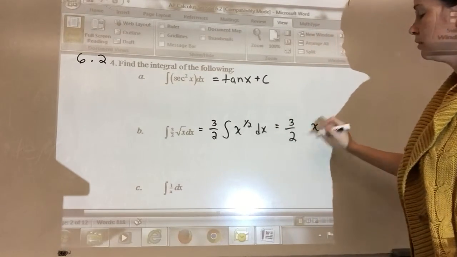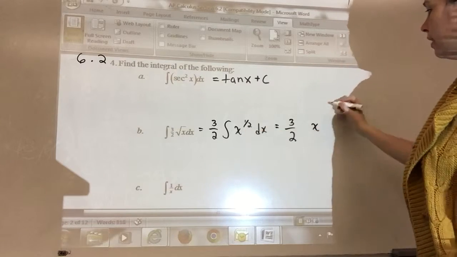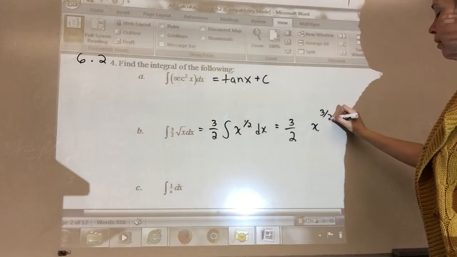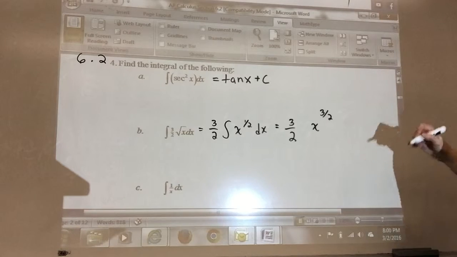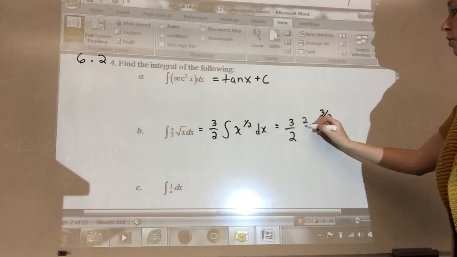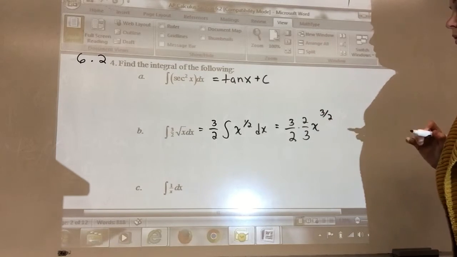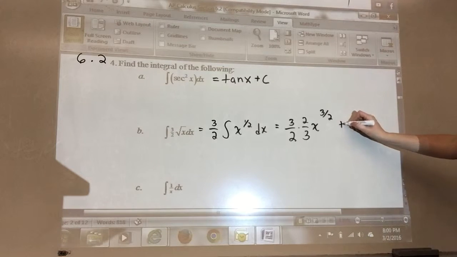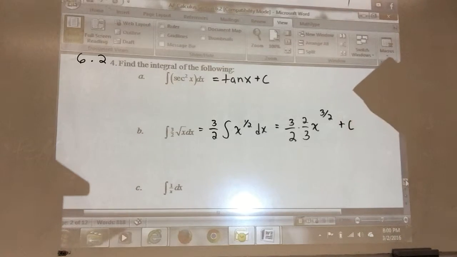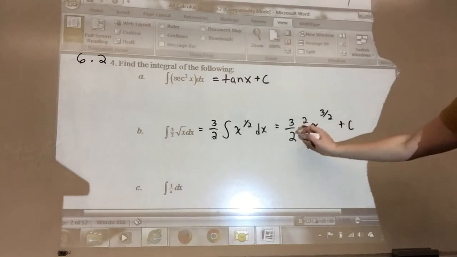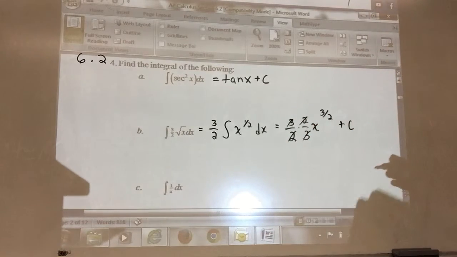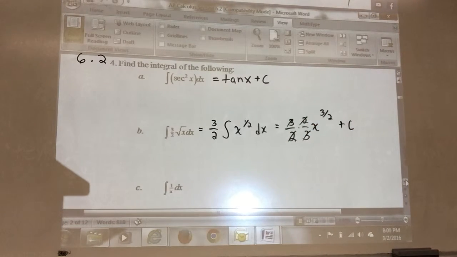Here's my x. If I add 1 to that, that gets me the 3 over 2 power. If I divide by 3 over 2, that's the same as multiplying by 2/3, like we just talked about. And then we have to add our plus c. Once we add our plus c, reduce, reduce, reduce, reduce, and your answer will just be x to the 3 over 2 plus c.